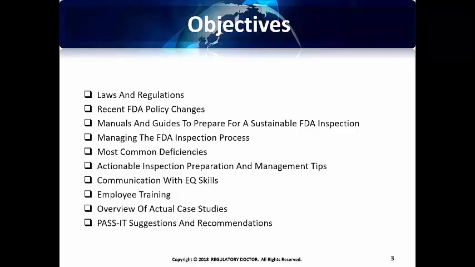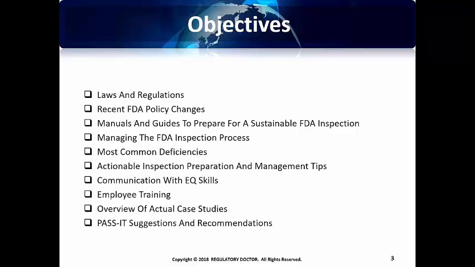We will also cover how to communicate with emotional intelligence skills before, during, and after an FDA inspection, and in particular, employee training, the importance of employee trainings, and then practical, actionable, and sustainable strategy and recommendations.